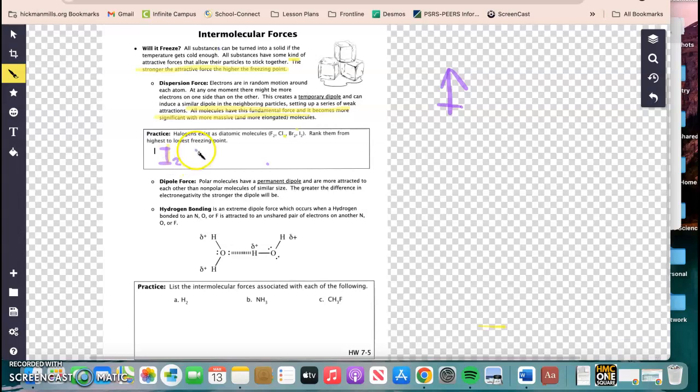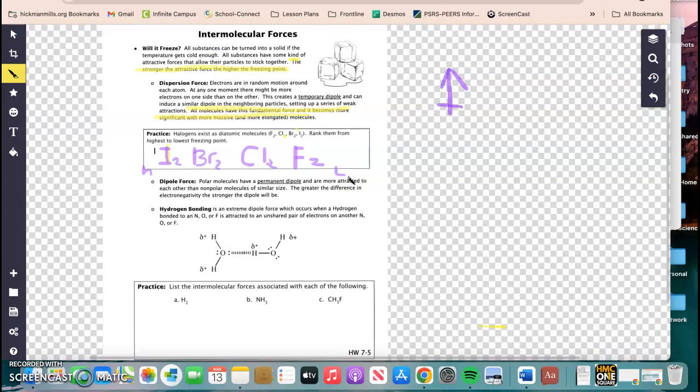This will be followed by Br2, so bromine, then chlorine, and then finally F2. So this is the high, this is the low.